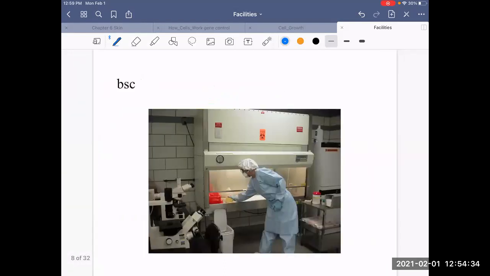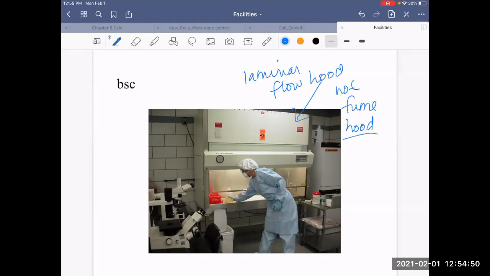Okay, so here is a biological safety cabinet, also known as a laminar flow hood. This is not a fume hood. It's not the same. A fume hood exhausts air so you don't breathe the fumes from something.